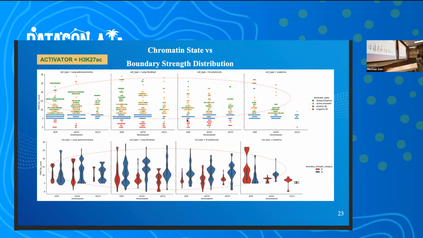Boundary strength 1 and 2 is the weakest boundary. So here we can see that the high density of the strong boundary, which is 3 and 4, corresponds well to the high number of enhancers and promoters in the presence of this activator.